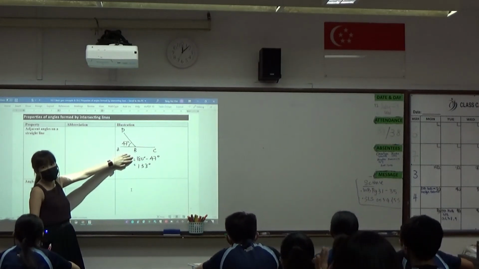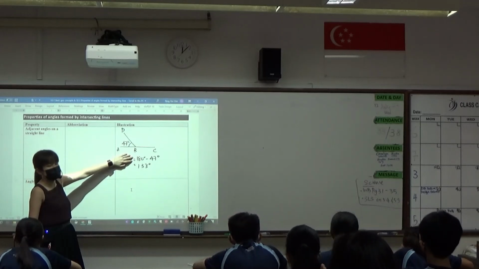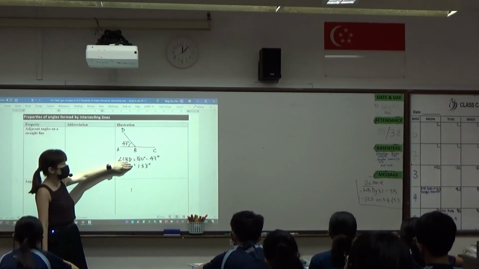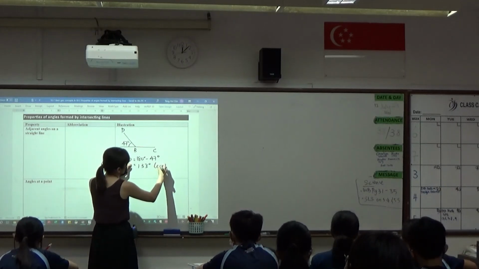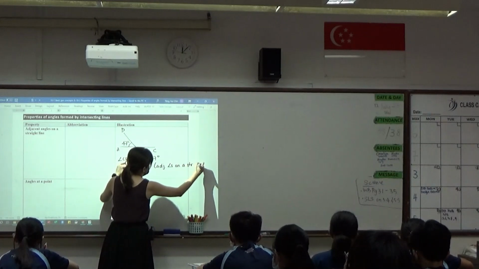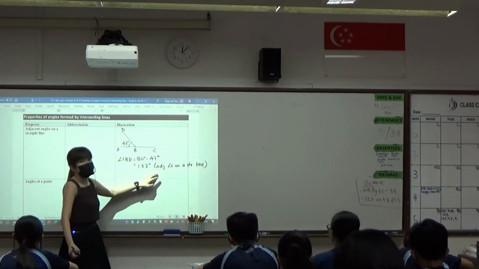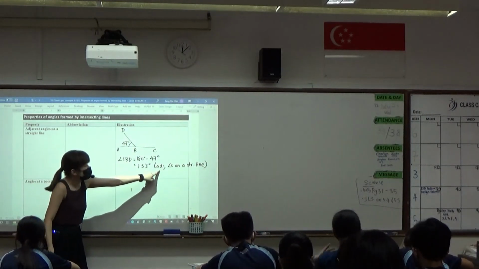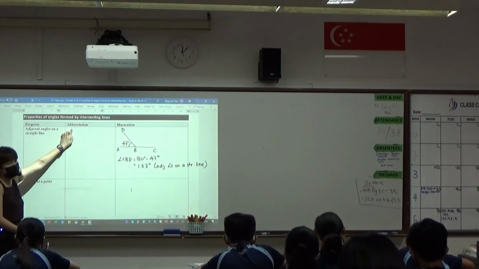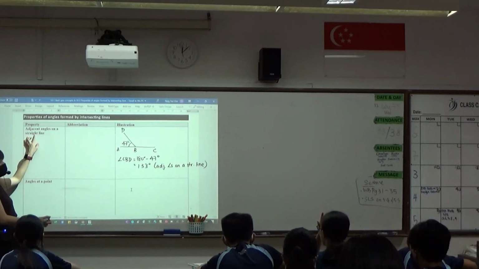Such working is sufficient, but in secondary school, firstly, you must tell me what is the angle that you're finding. Secondly, you must write down the reason. What is the property that you use? This reason that I place over here is what we call the abbreviation, the short form for this property.